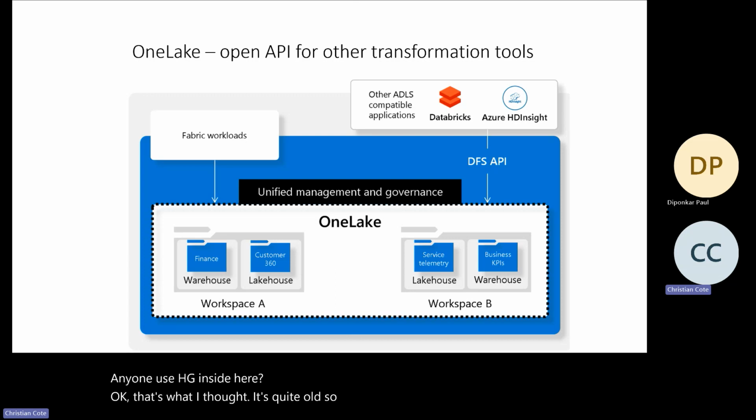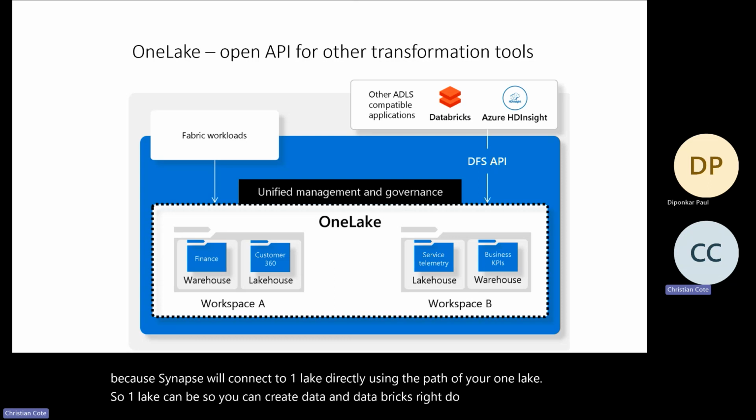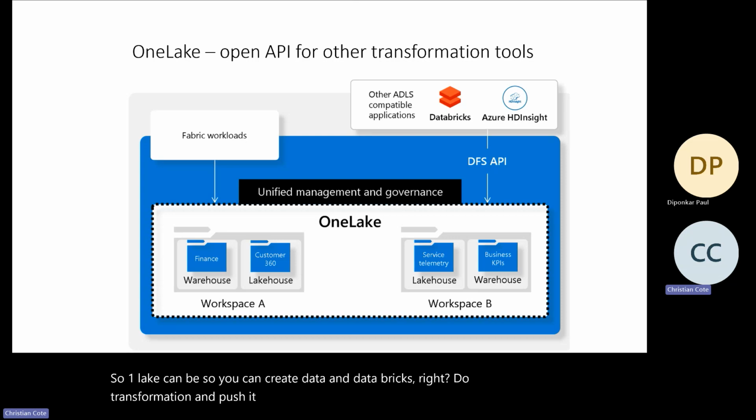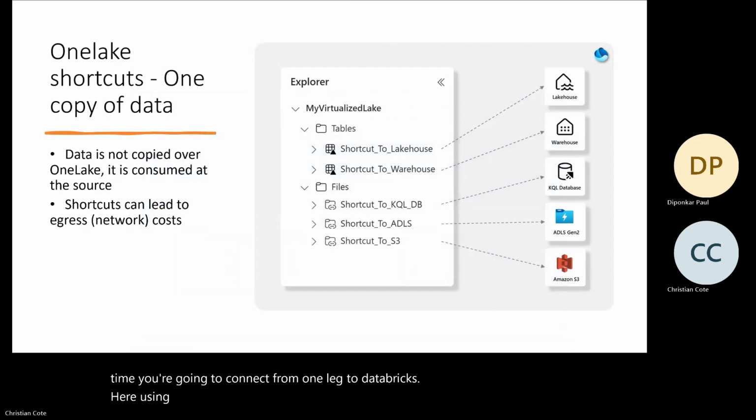And Fabric, of course, and Synapse, because Synapse will connect to OneLake directly using the path of your OneLake. So you can create data in Databricks, do transformation and push it to your OneLake if you want to. But most of the time, you're going to connect from OneLake to Databricks using shortcuts.